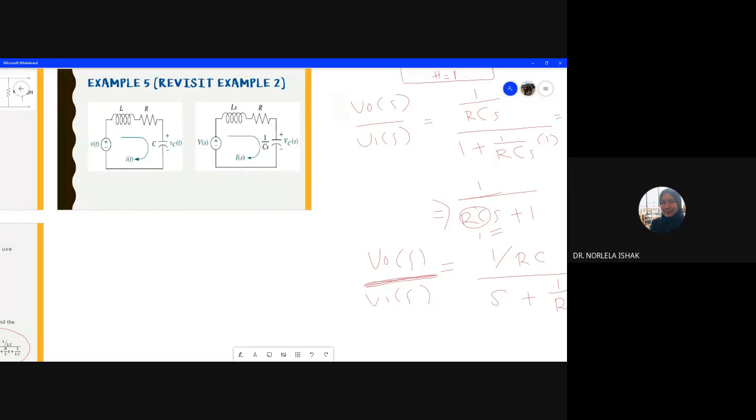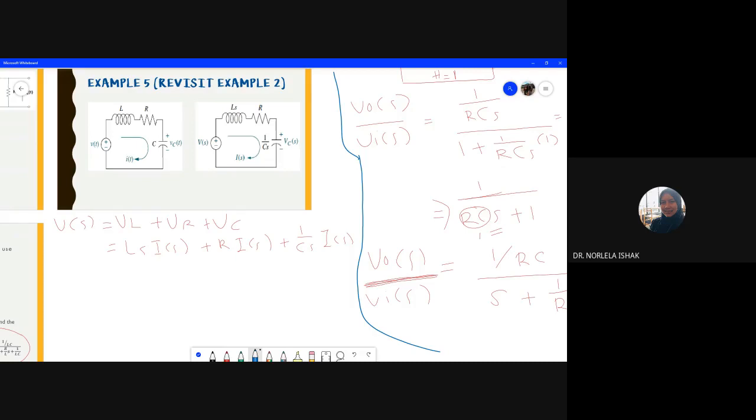Guys, Vs equal to what? First equation. Vs, if let's say madam writes this down, equals Ls plus R plus 1 over Cs, times Is. Is it correct like this? Yes. Okay, so this is the previous notes. This is our first equation.